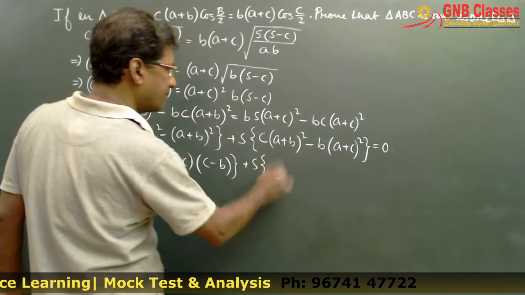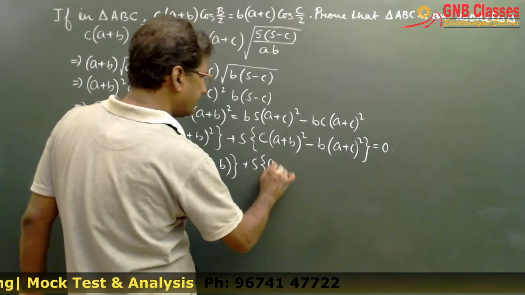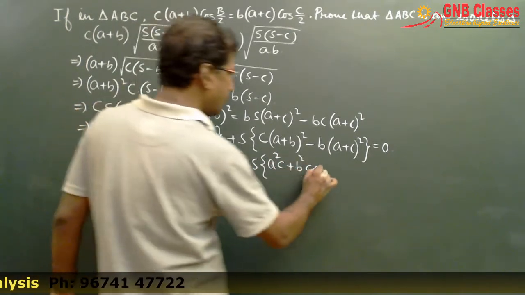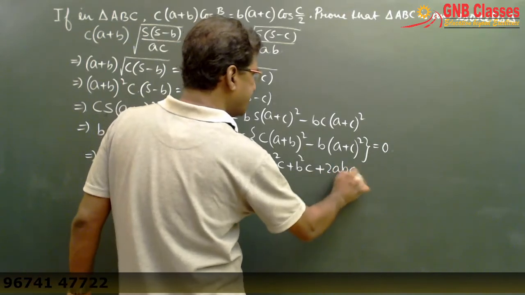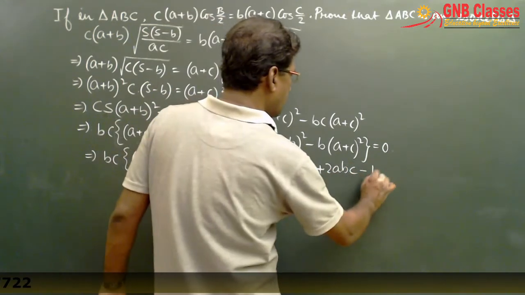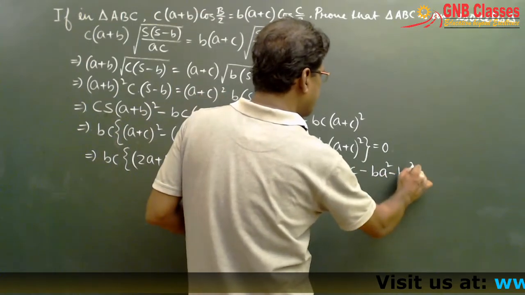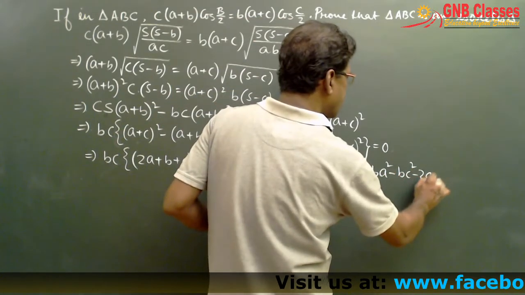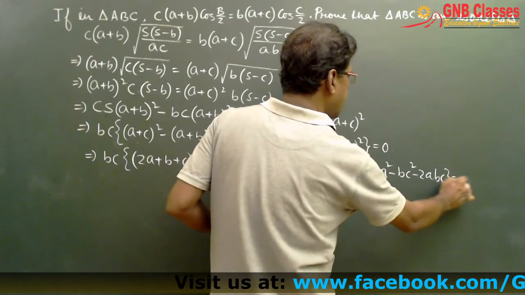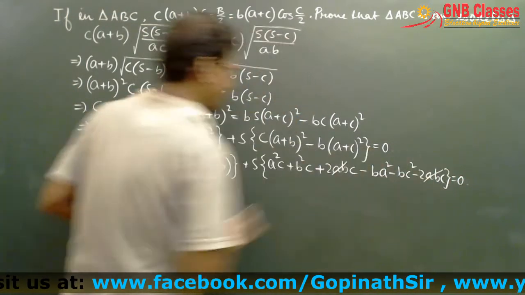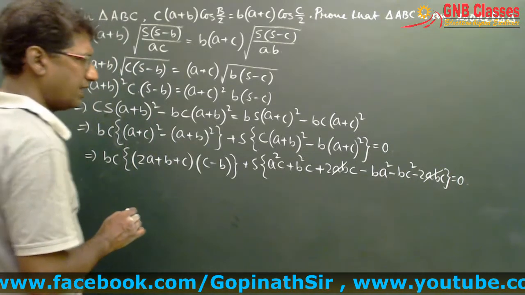Plus s, open the bracket, a square c, b square c, 2abc, b square s, bc square minus 2abc equals to 0. 2abc goes off. So we are left with what?